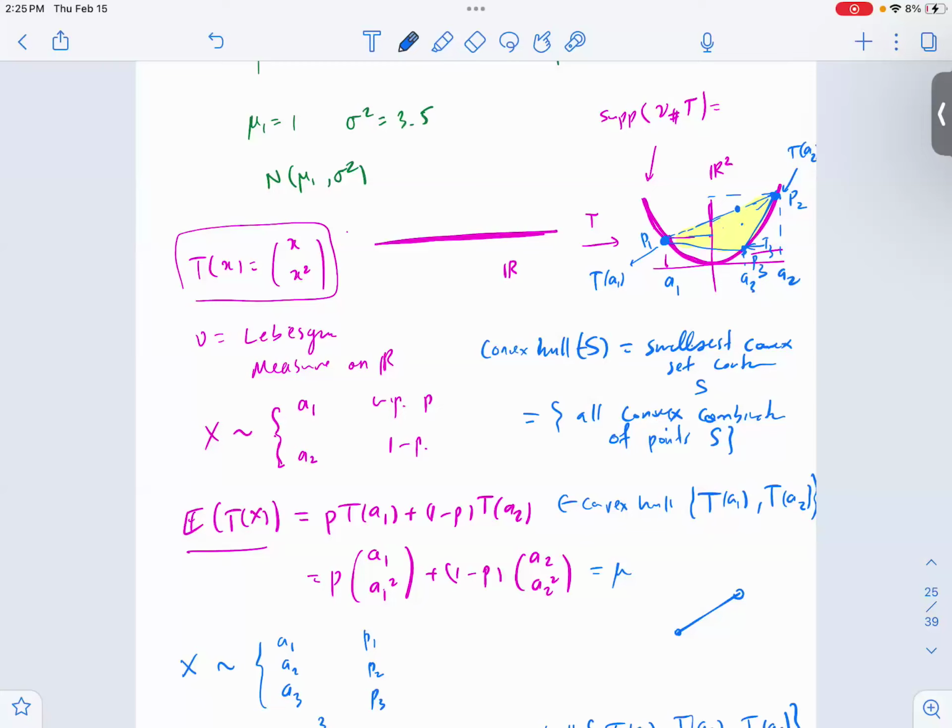This is the non-trivial part. Anything in the convex hull can be achieved by some distribution of mass here. The idea is that the exponential distribution that we put on is enough to achieve every point here. It's a pretty tricky concept.